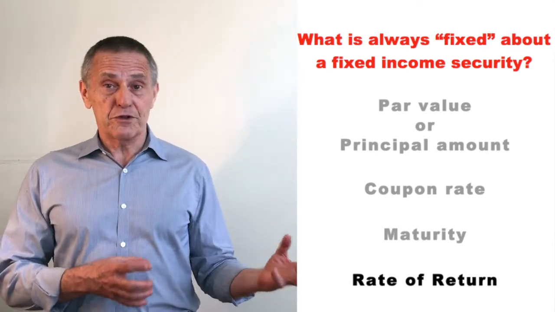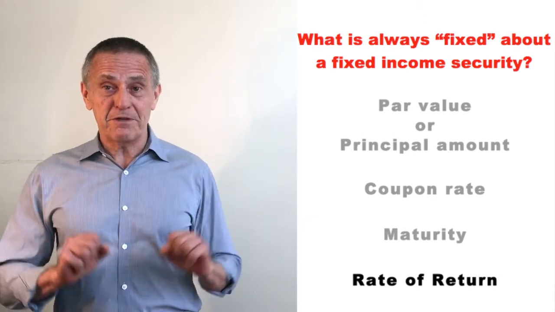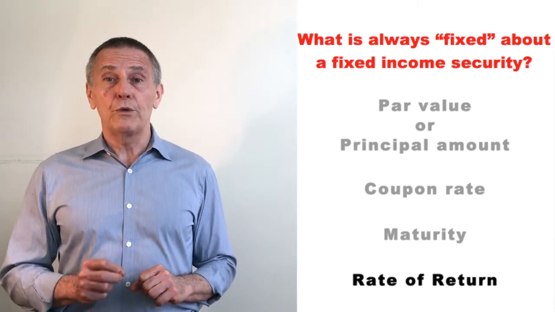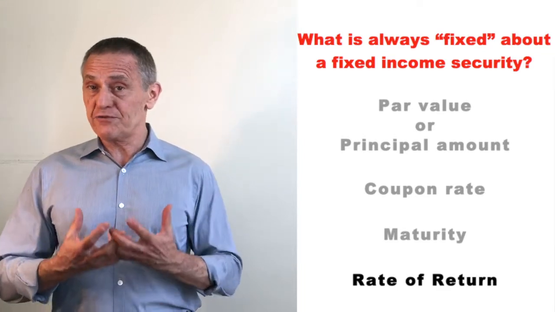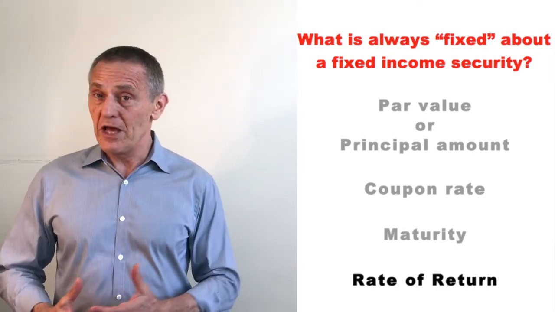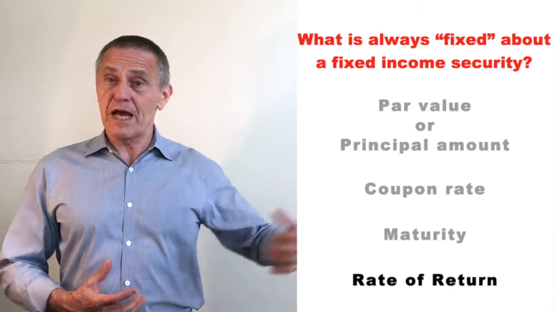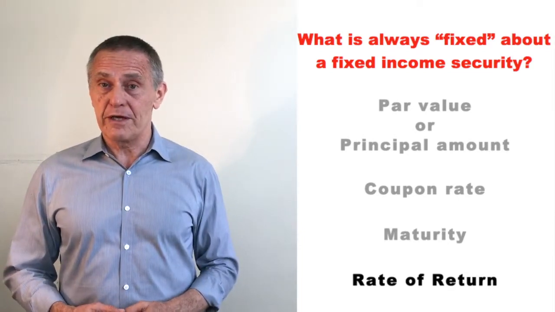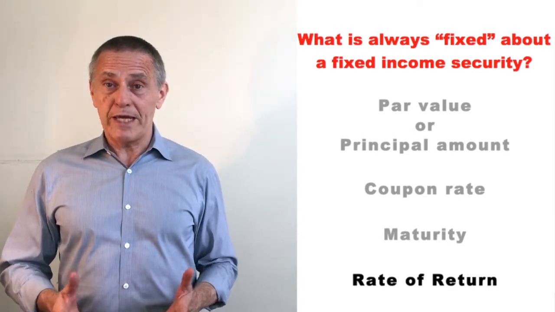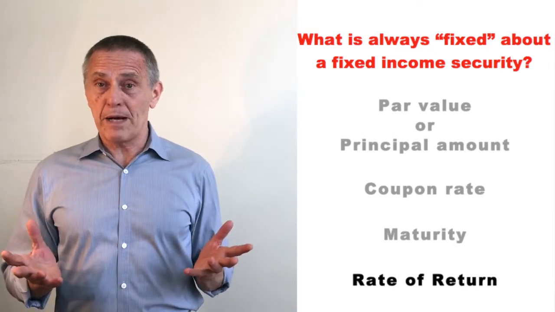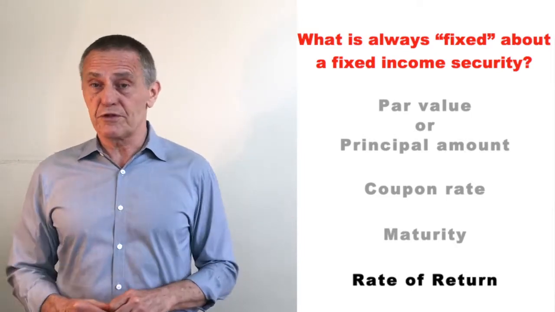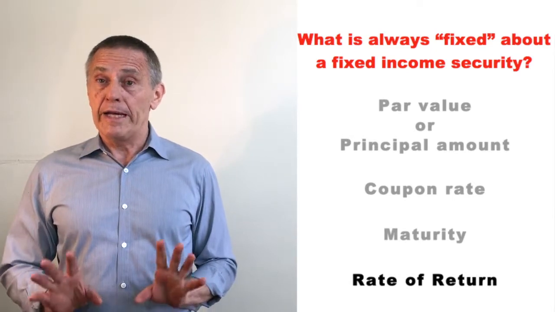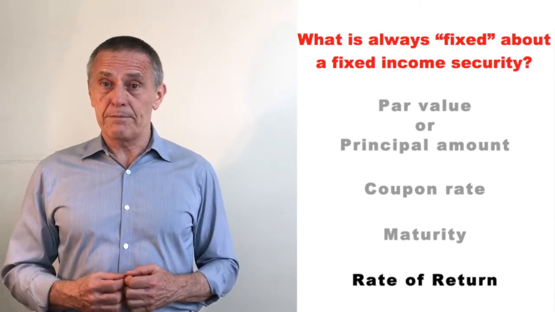Because to know the rate of return to maturity, for income to be fixed in that sense, one would have to know the rate of return earned on all the cash flows received prior to maturity that would be generated over the time to the maturity of the security. And since reinvestment rates or future returns are impossible to forecast, it would be impossible to know your rate of return to maturity. Now again, that's talking about coupon bonds.